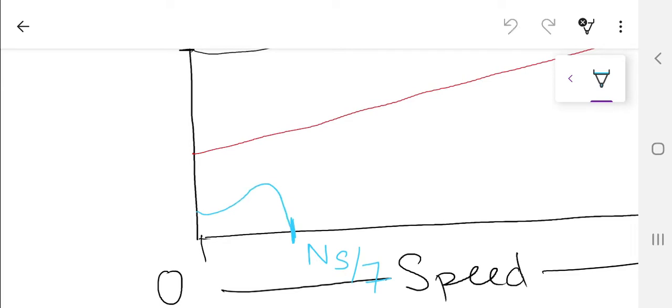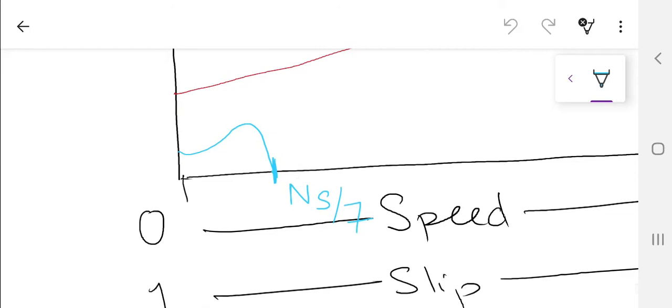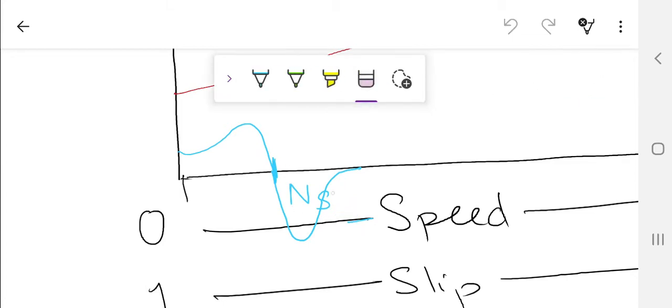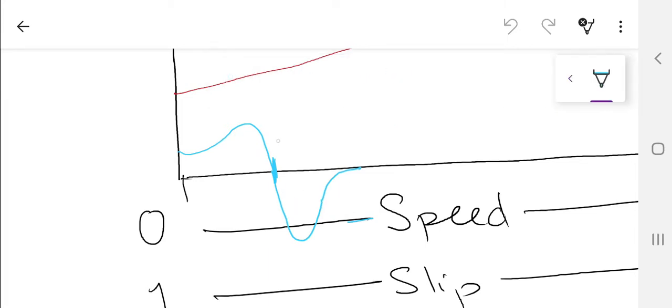Why? Because the harmonics are not of that much value. But what is going to happen? This harmonic is going to produce a small torque slip curve of its own, centered at ns by 7. So this is the point of ns by 7.